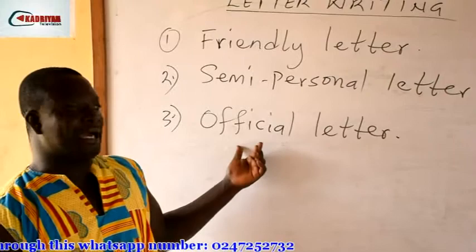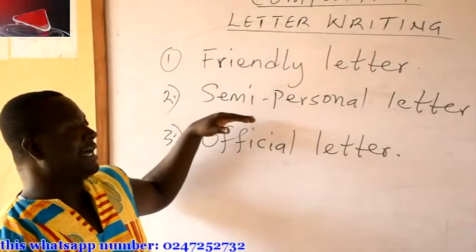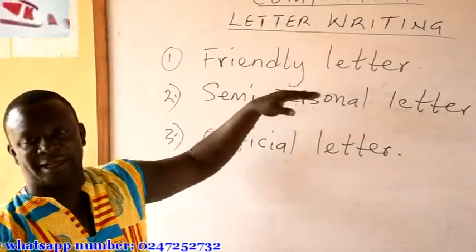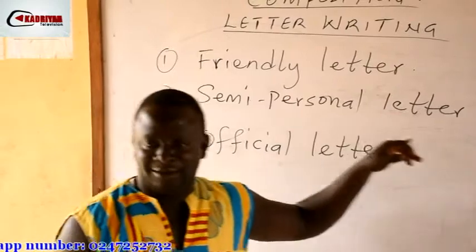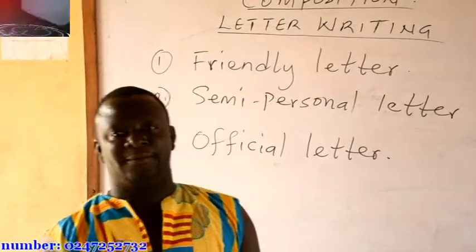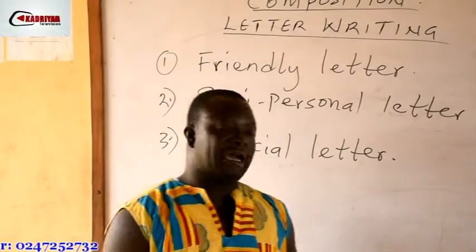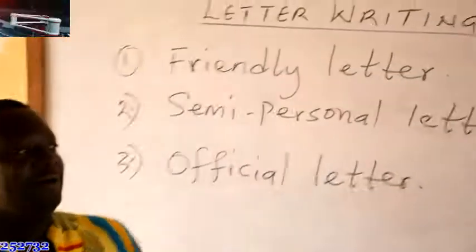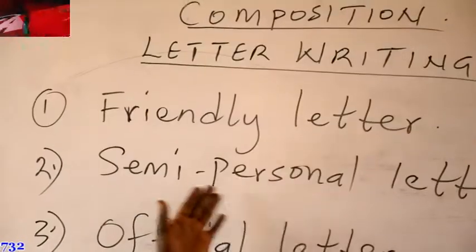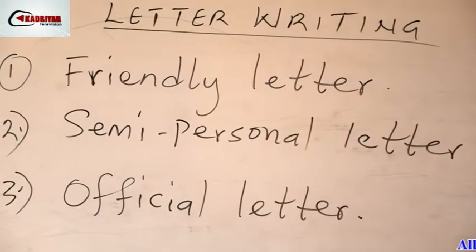This is formal letter, official letter, or formal letter. Informal letter is the friendly letter, and then semi-formal letter is the semi-personal letter. I think I'm done with the types of letters. Friendly letter, personal, semi-personal letter, and then official letter.